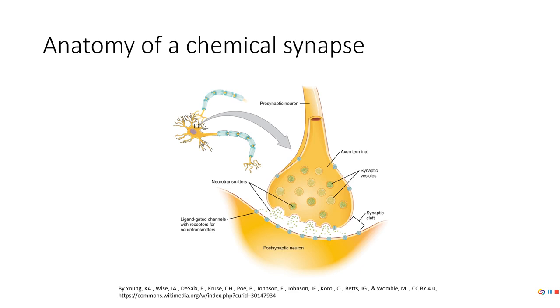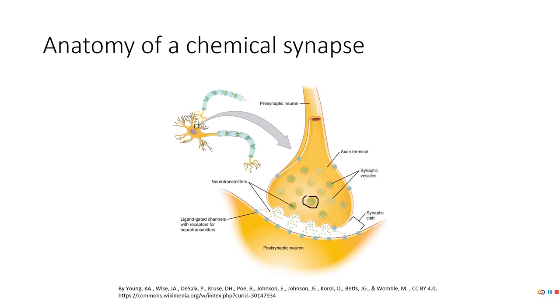So a chemical synapse is made up of a presynaptic and a postsynaptic neuron. An action potential travels down the presynaptic neuron. This will eventually cause vesicles, which are right here, which are just containers inside of a cell, to move to the surface of the neuron where they release their contents.